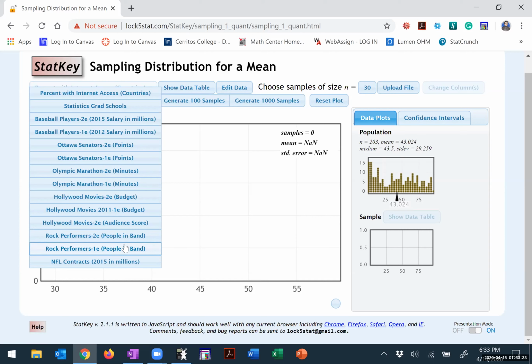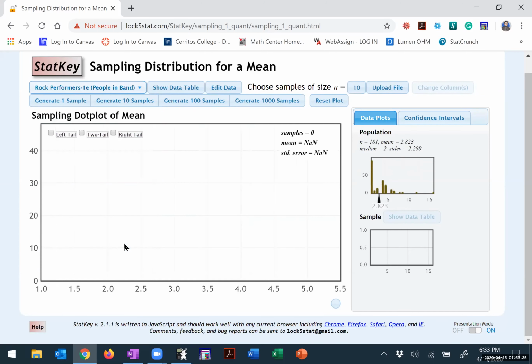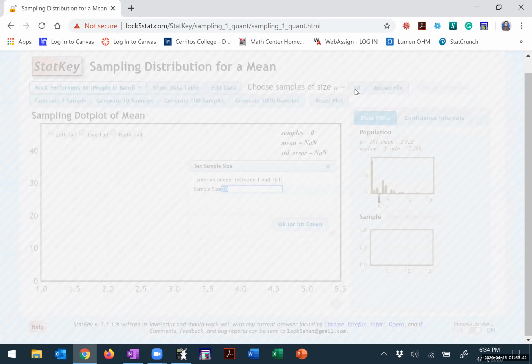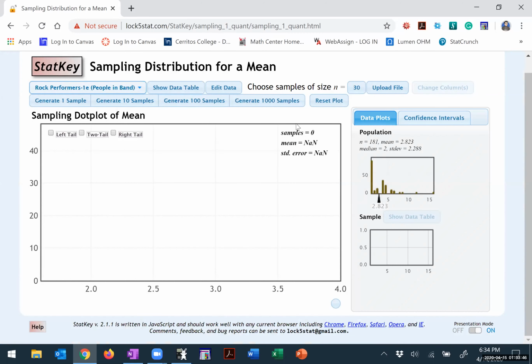You've got big bands and you've got small bands, right? So let's do n equals 30. That's 30 samples out of all the people who were ever in a band. This is going to be the original population. If you look over here, it is very much right-tailed.